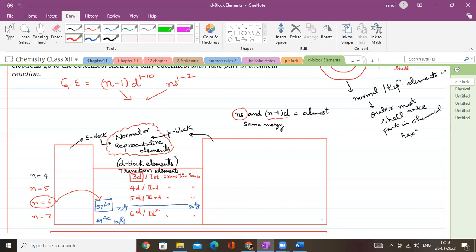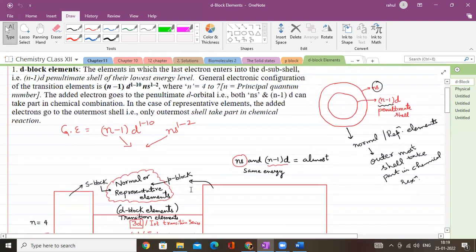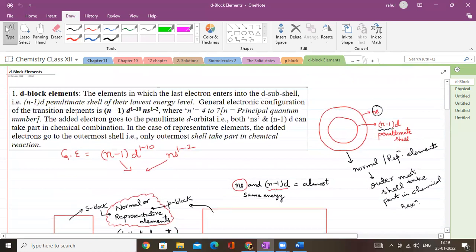Now, let's start with what a D block element is. If you look at this diagram, this is the outermost shell, which is represented by ns. One inner to the outermost is called (n-1)d, the penultimate shell.